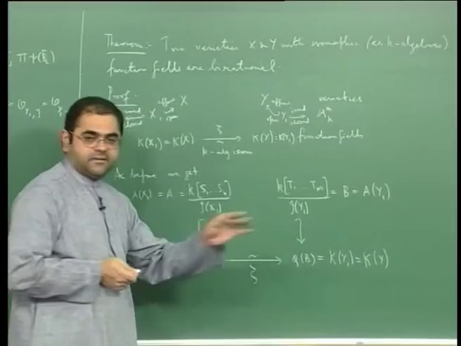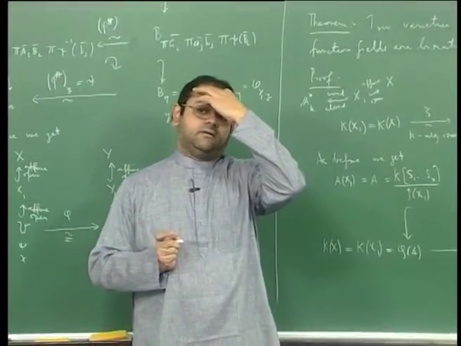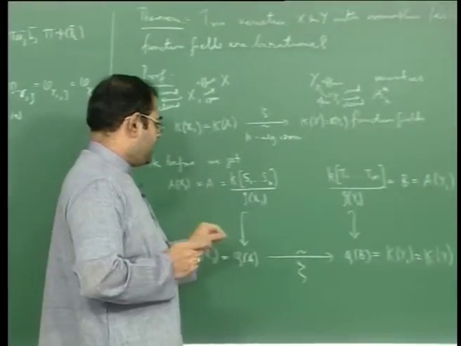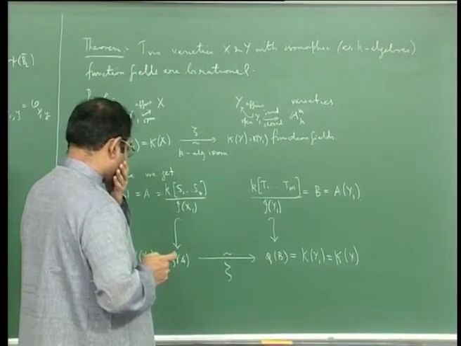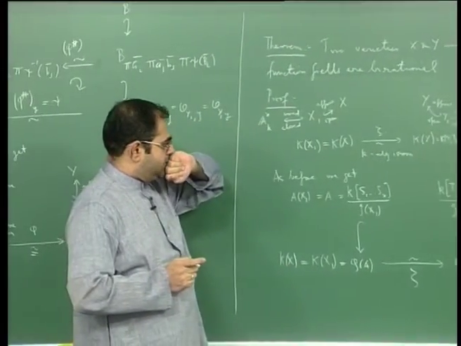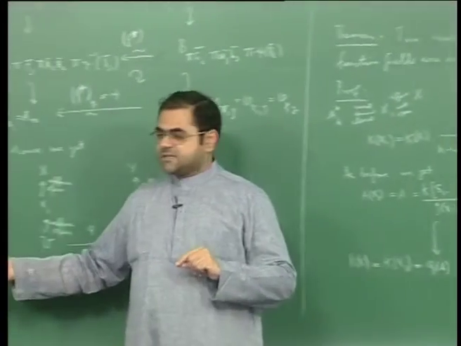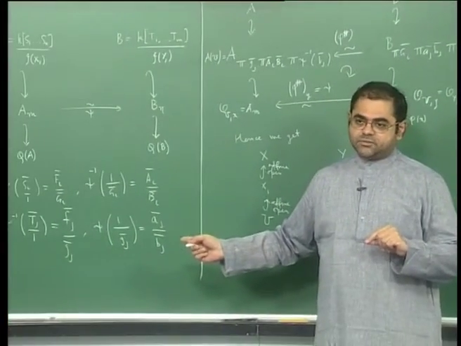Now I have to play nearly the same game as I did here, and in fact the truth is that if I had proved this statement first, then that statement would have been easier to prove.